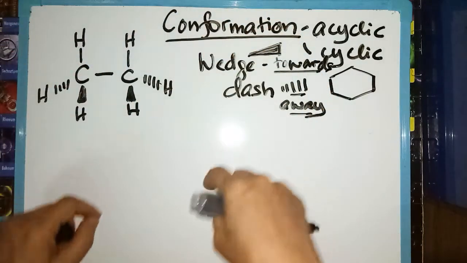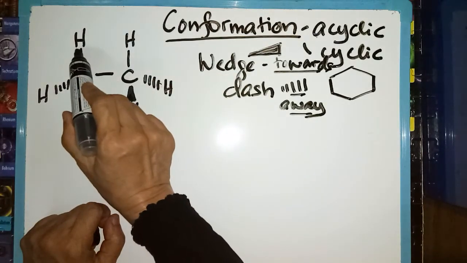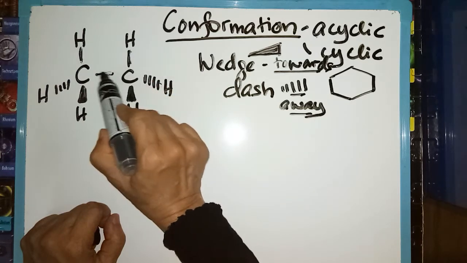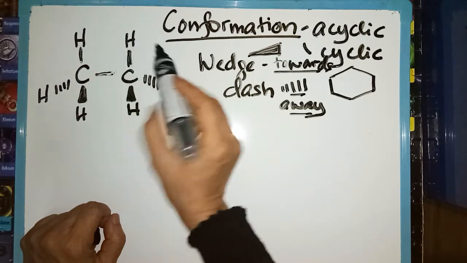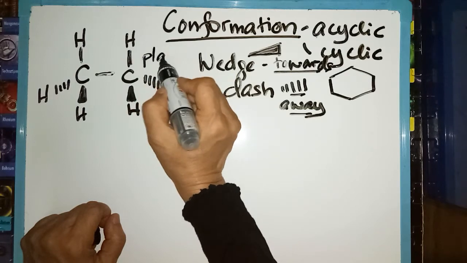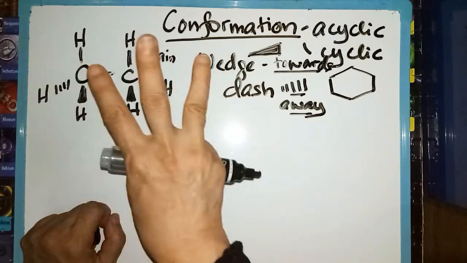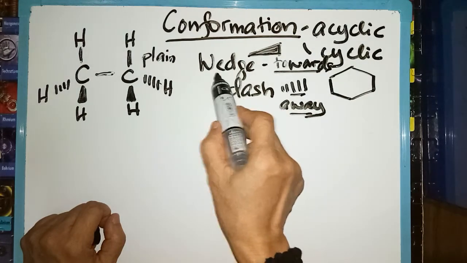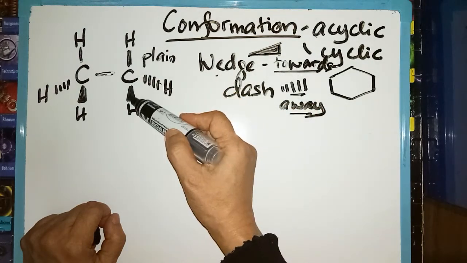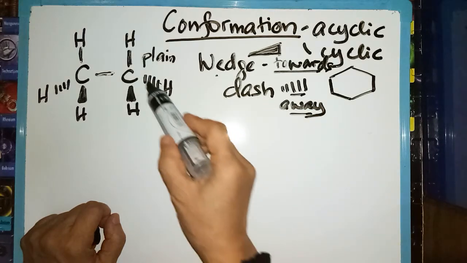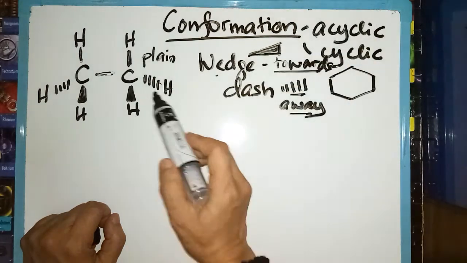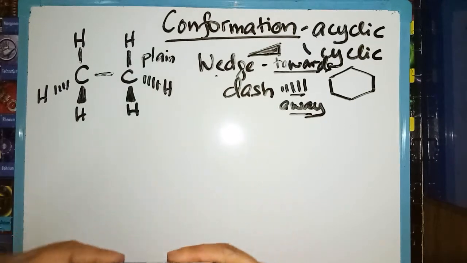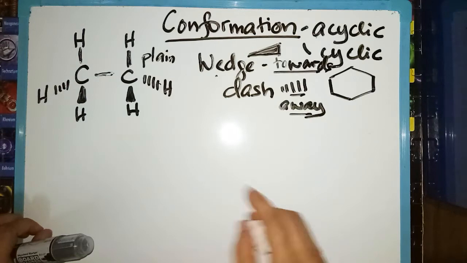Okay, you have to use your imagination. And this one, which is as usual as we always write, is showing that it is in the plane form. So you have three types of writing: wedge, towards you, the one which is solid; dash, fading, which is away from you; and plane. Plane is on the board itself. Okay, I hope you understand.